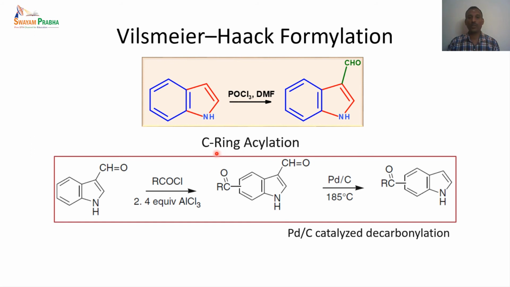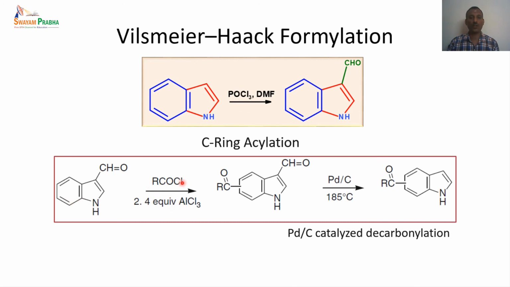We can also do acylation. So the crucial thing in this particular reaction is that when we have the acyl unit, which is the electron withdrawing group, the reaction occurs very effectively. That means if we have a 3-formyl derivative, the 3-formyl derivative actually facilitates this kind of acylation reaction.